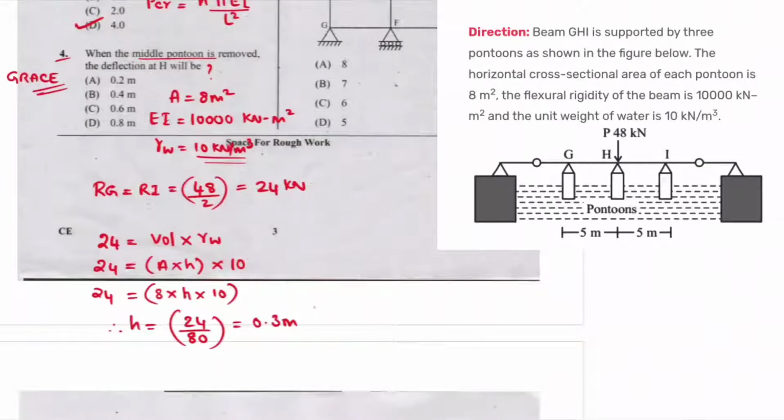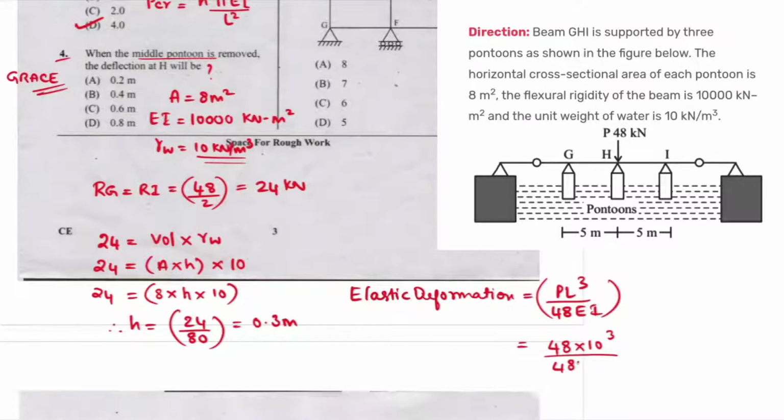Now we have to find the elastic deflection at H due to load. It is given by the formula PL cube by 48 EI, where P is the total concentrated load, L is the total distance between the pontoons, that is 5 meter plus 5 meter, 10 meter. So 10 cube divided by 48 EI, where EI is the flexural rigidity, that is 10,000 kilonewton meter square.